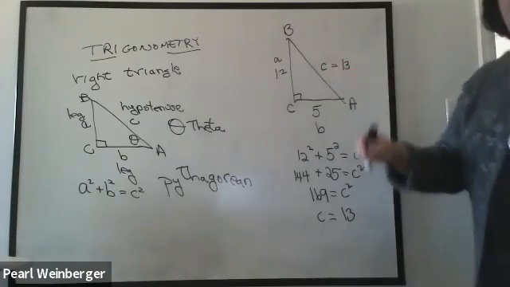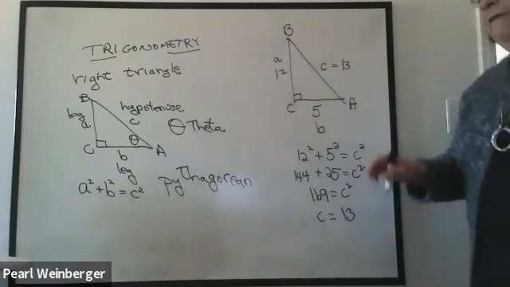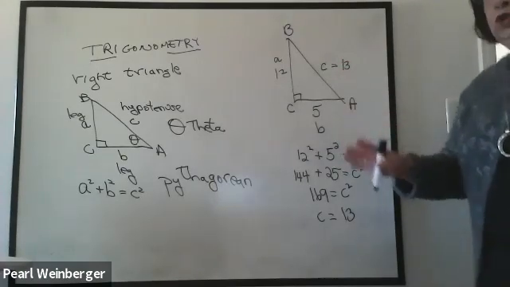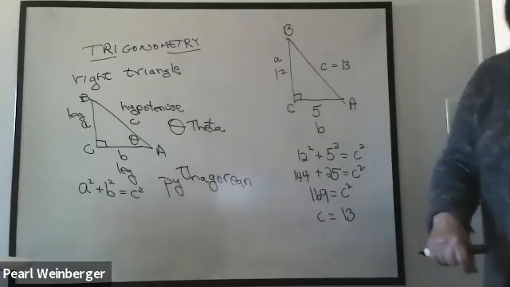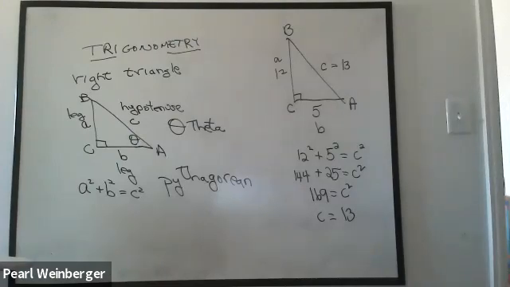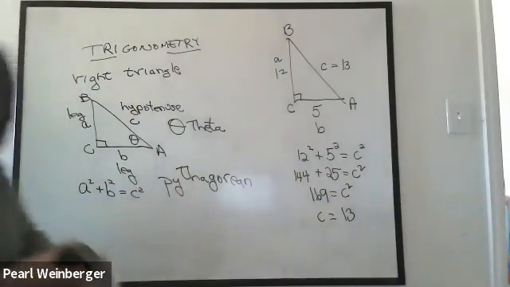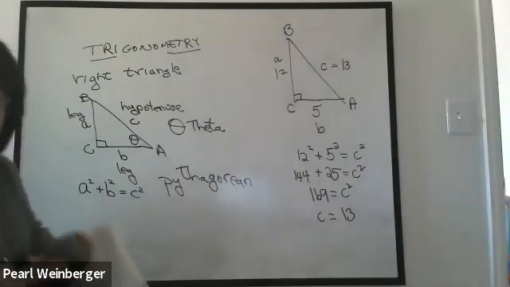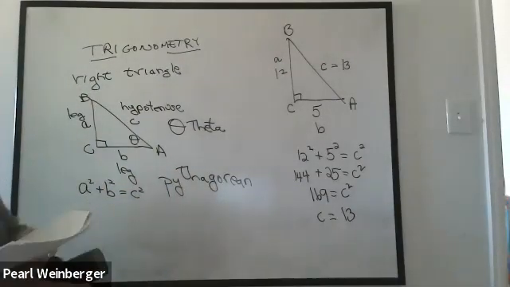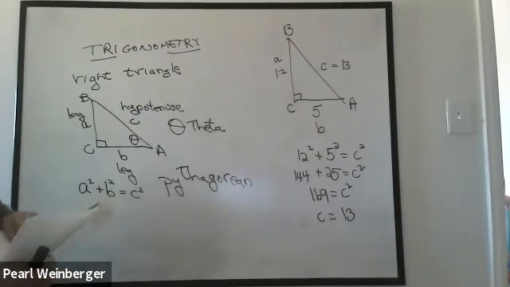Now this Pythagorean theorem only works in a right triangle. As a matter of fact, it's even sometimes used as a test for a right triangle, because if you can do A squared plus B squared and get C squared, that means that you have a right triangle.